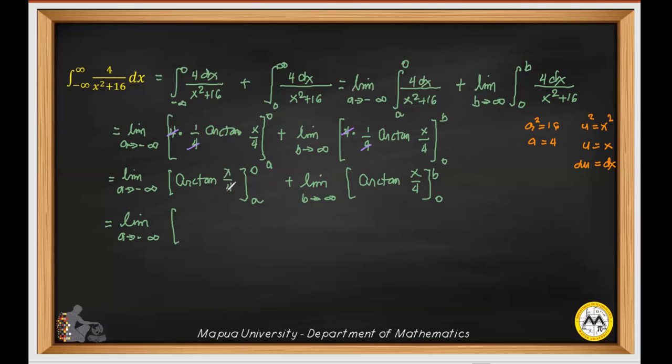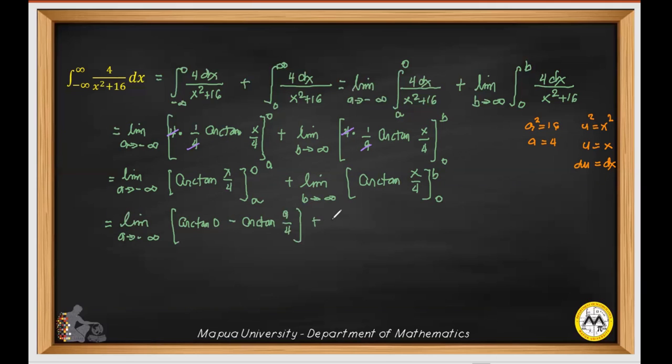Now, arctangent of x over 4 when x is equal to 0 is arctangent of 0. Okay, minus arctangent of x over 4 when x is equal to the lower limit a is arctangent of a over 4.